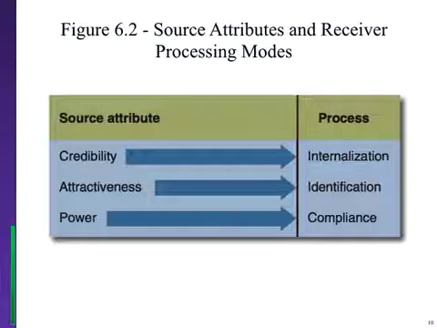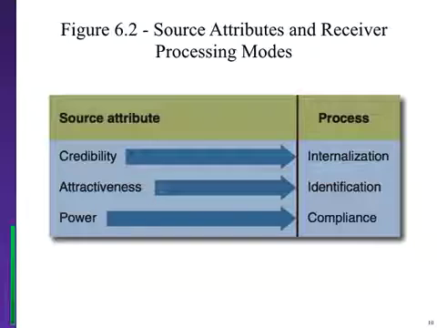If the source is attractive, and by attractive that means it's a source that the receiver can relate to or feels is likable, then the message is more likely to be received by the receiver, and they have a sense that they can identify with that source. So there's some connection there. They feel like, well, I can connect with them. Maybe we have the same beliefs about something or the same attitudes or behaviors.